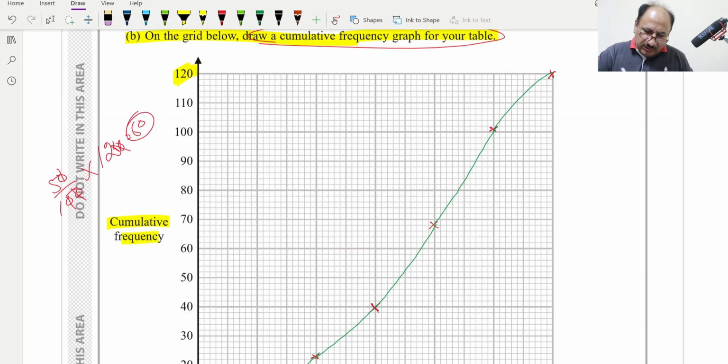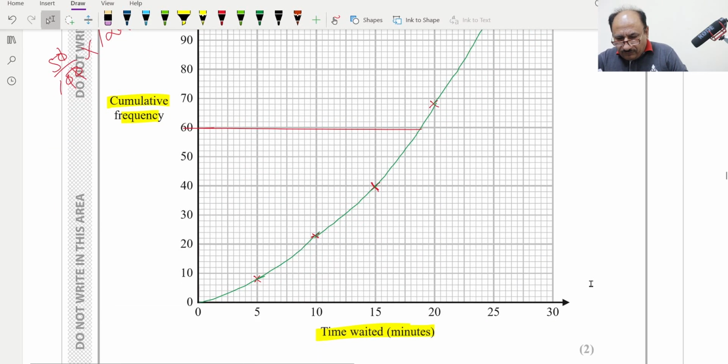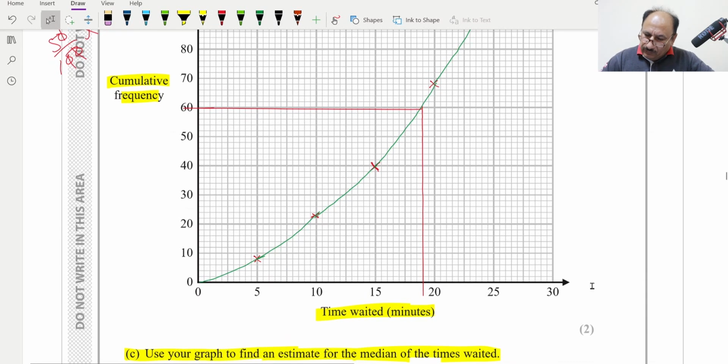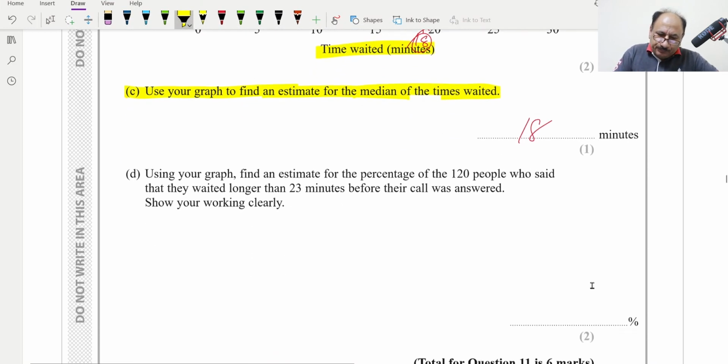I'll redraw the line, it's a little lower, so the reference for 60 is this one. Now we can check the reference on the x-axis, and this reference is 15, 16, 17, 18. So this point is 18, and 18 will be our answer. Hopefully you understood this. Now part D.